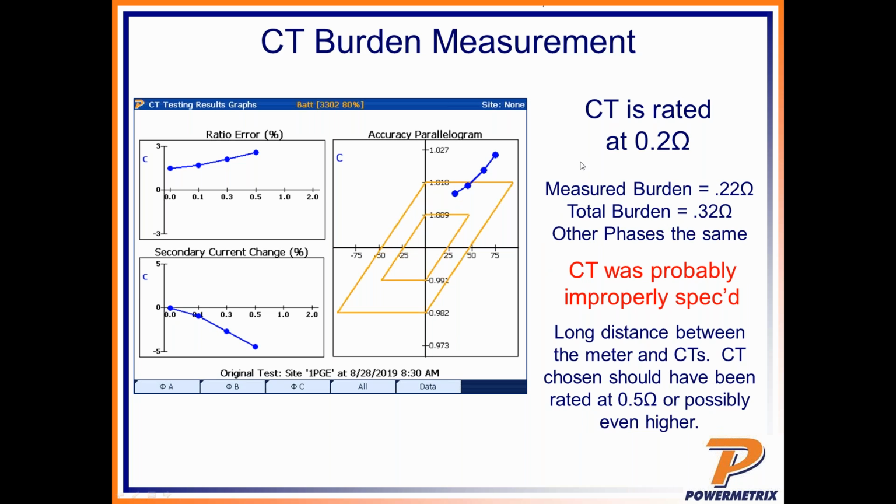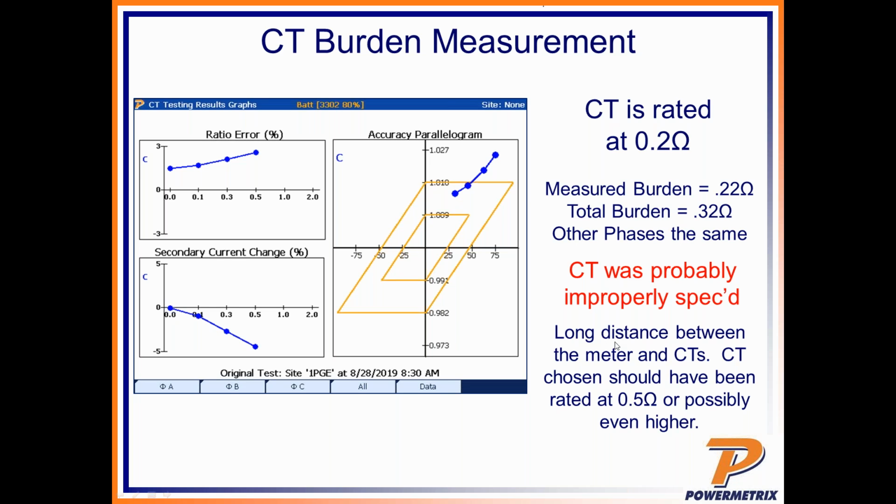And let's look at another one I've got here. So let's say this time we measured the burden was 0.22 ohms. That's going to make the total burden 0.32. And we'll say all the other phases measured at about the same thing, right? What you might say here is this CT might have been improperly spec'd, okay?